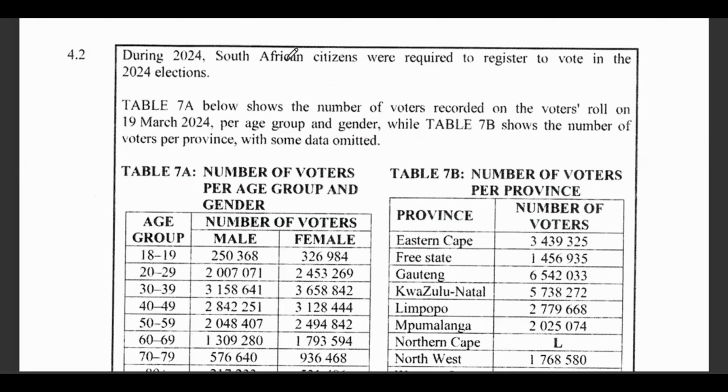Okay. 4.2. During 2024, South African citizens were required to register to vote in the 2024 elections. Table A below shows the number of voters recorded on the voters' roll on 19th March 2024 per age group and gender, while Table B shows the number of voters per province with some data omitted.